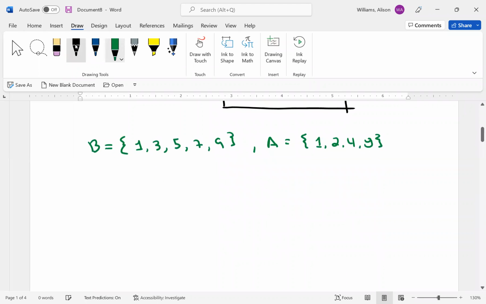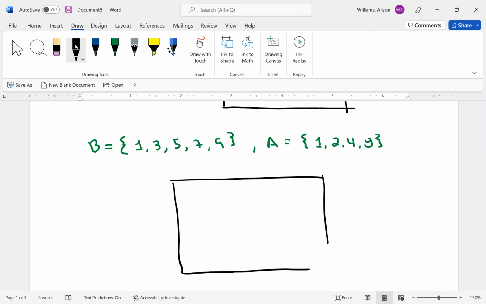Okay, so let's redraw my Venn diagram. And this time, I have 2 sets, A and B. Let me give myself a little bit more room. There we go. A and B.